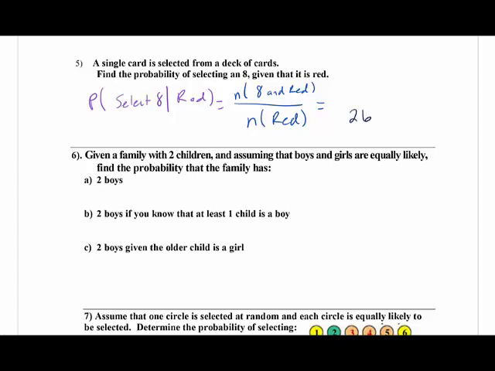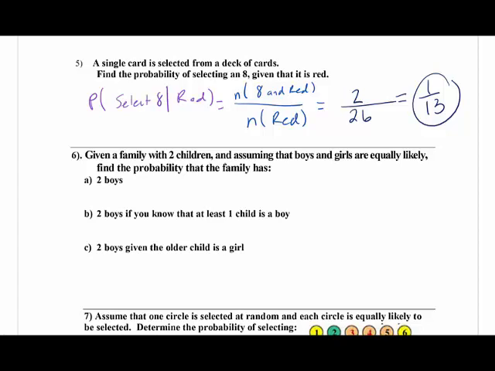So that means now I'm only looking at the 26 red cards. And out of those 26 red cards, how many of them also are an 8? That should give me the heart 8 and the diamond 8, which is 2. So I should get 1 over 13.